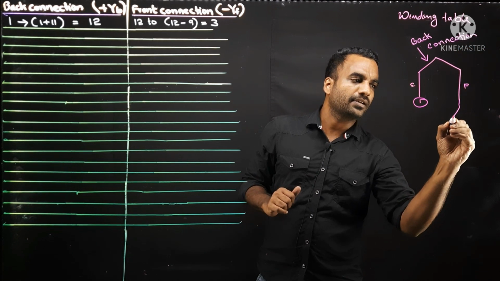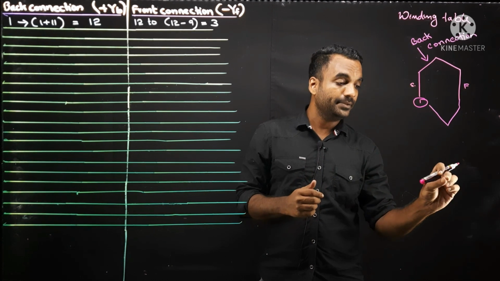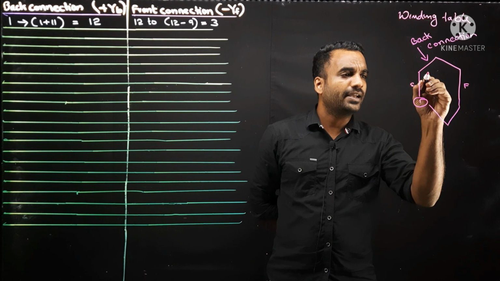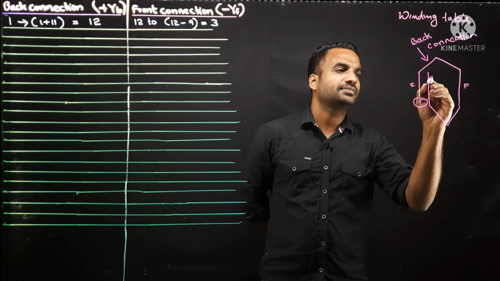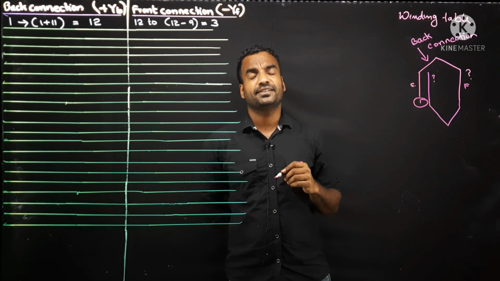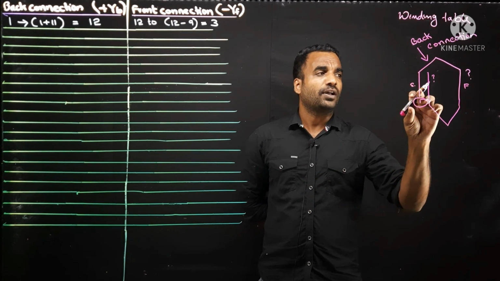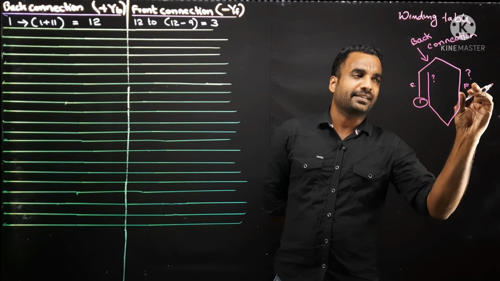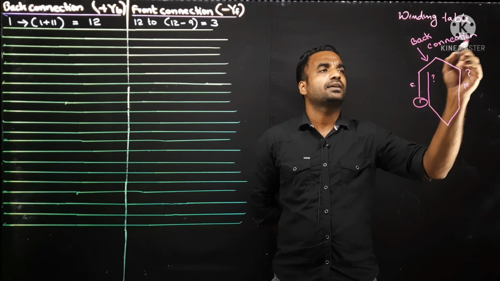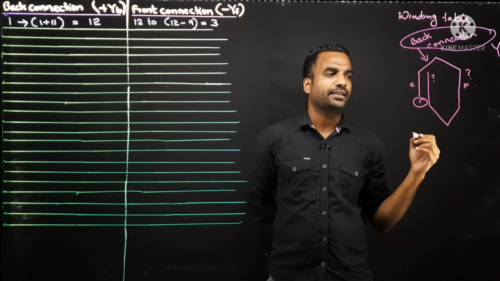Again this will come back to the same pole because this is lap winding, and it will again connect to some other conductor. What is the number of this conductor and what is the number of this conductor? That is the data we need to start with. So from 1 to this conductor we have to use the back connection data, or YB, the back pitch data.